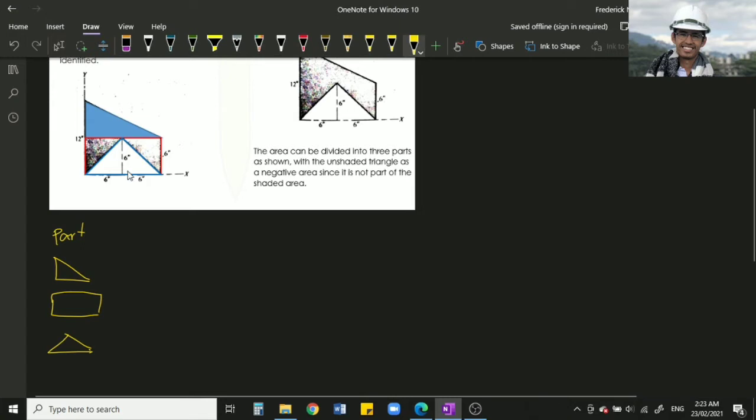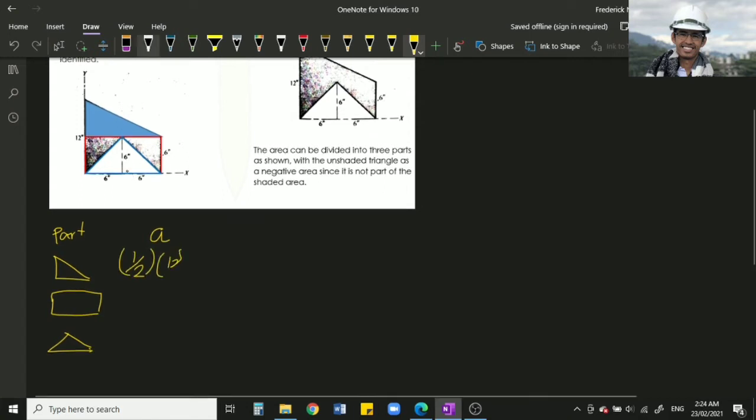So, ayan. So, first is yung determine natin yung area. So, yung area ng triangle natin, so this is 12 inches, so kalahati lang nun, so this is 6 inches, so 6 inches lang yung matitira doon, so that will be 1/2 times 12 times 6, so yung area natin will be 1/2 times 12 times 6, so that will be equal to 36.